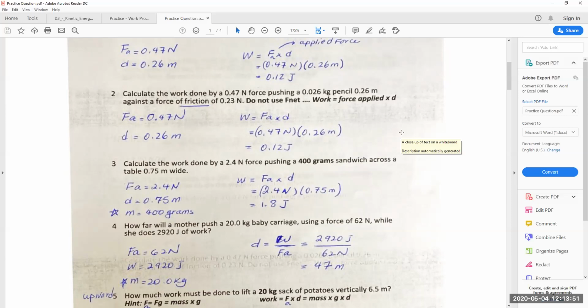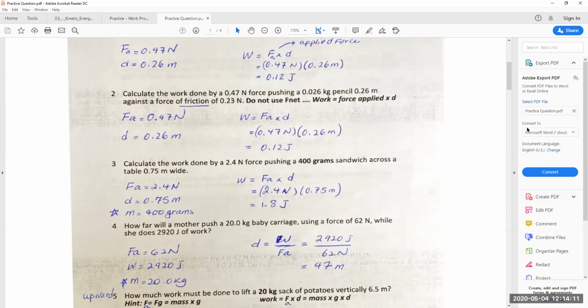Why? Because my force and the force of gravity will have a 90 degree angle, and the cosine of 90 is 0. So basically, I am not going to consider mass in my calculation if I'm moving the object across the table horizontally.